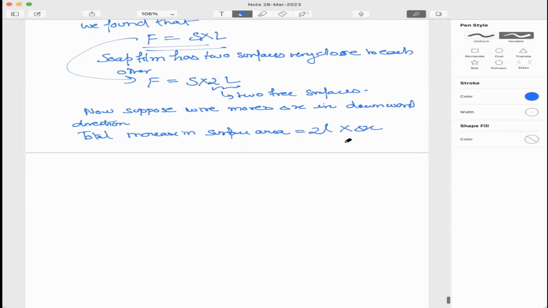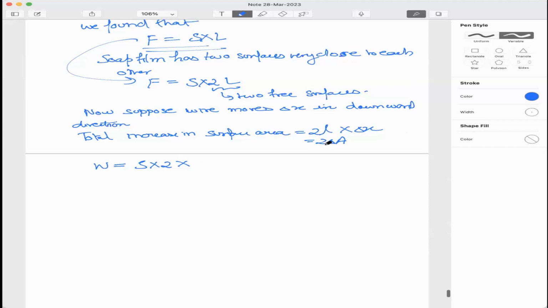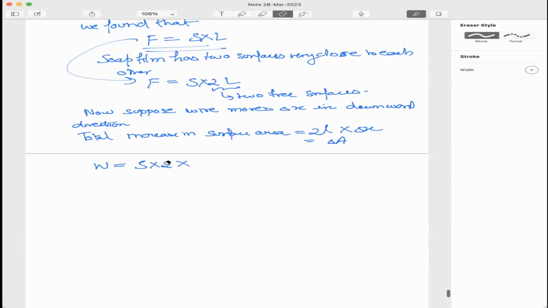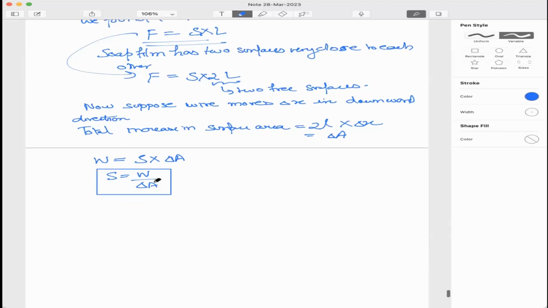So the work done in increasing this area comes out to be, let's call this L into delta x, equal to 2 into delta A. So it comes out to be S into 2L delta x, which is S into delta A. And from here you can get surface tension as the work done in creating a new surface area, work done per unit area.